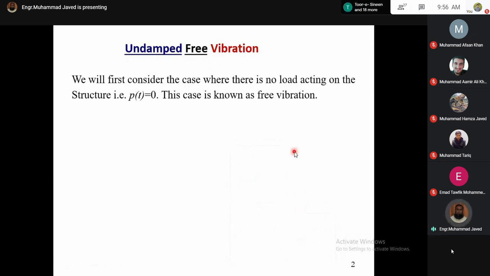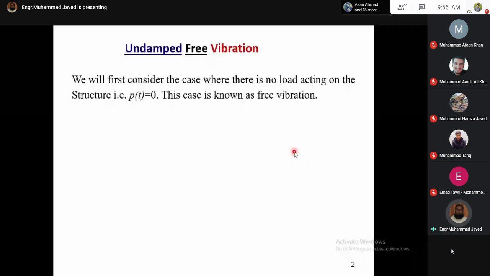If you disturb the equilibrium position of a system, vibrations occur, but if you remove the force which is responsible for disturbance, vibrations will still occur, but since the force is not present, we call it free vibration.